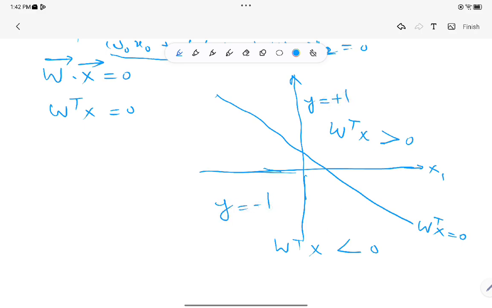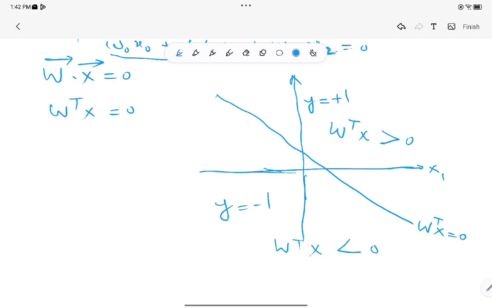This means that this line has been able to separate the data into two classes. One type of data is on this side, the other type on this side. You can think as if you have obese people on this side, all these people who have y equal to +1, and non-obese people on this side.